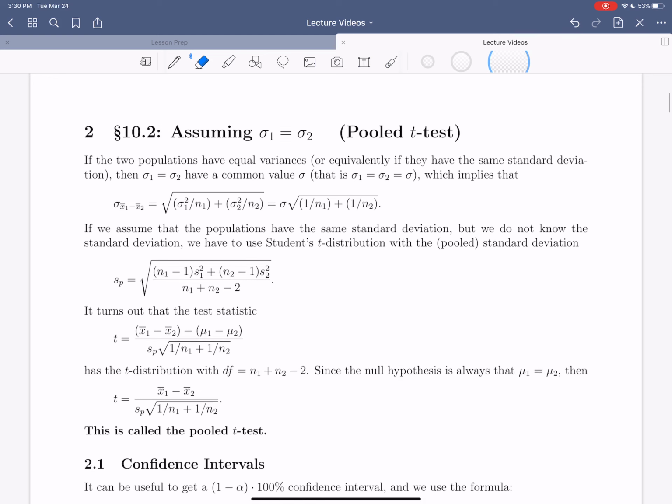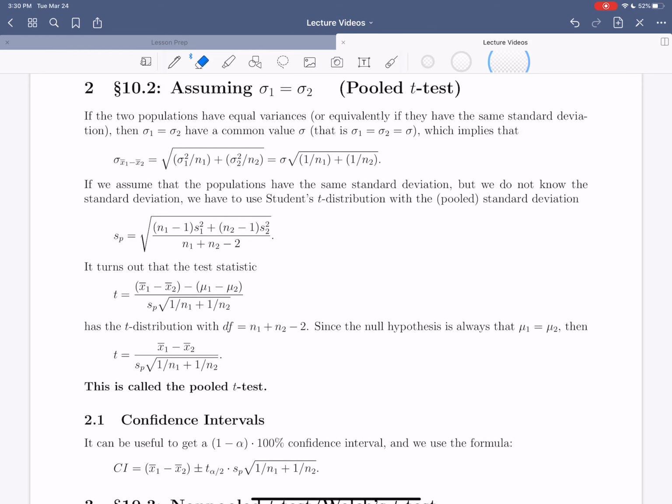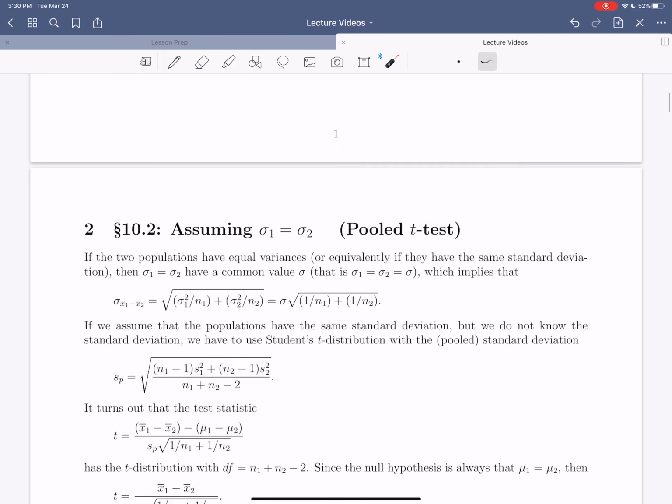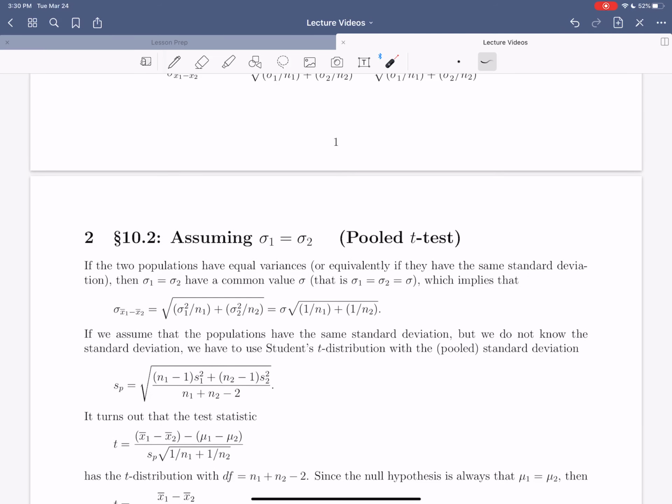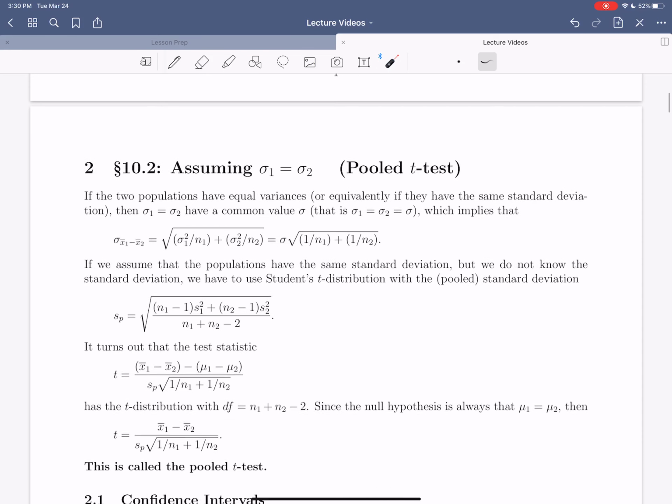Anyways, here's what we're going to do with this. We're going to have two cases here. From here on out, these are all going to be t-tests. We're not going to assume that we know the population standard deviation of any of the populations that we're studying. But there's still two cases to consider.